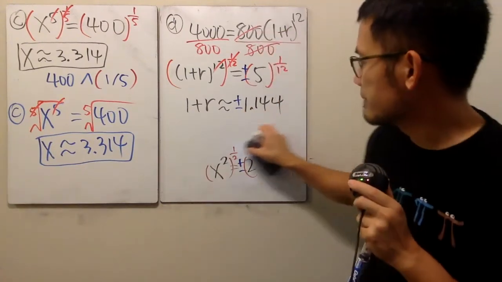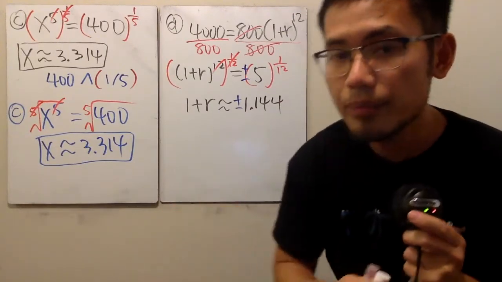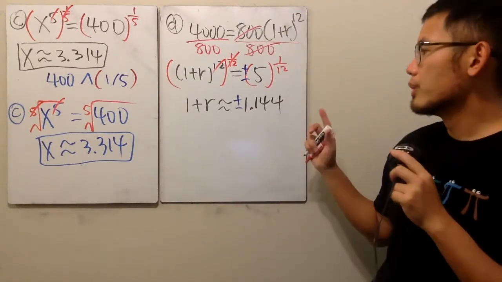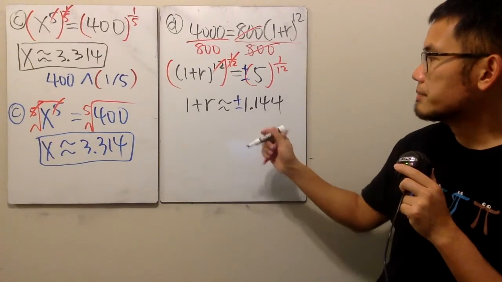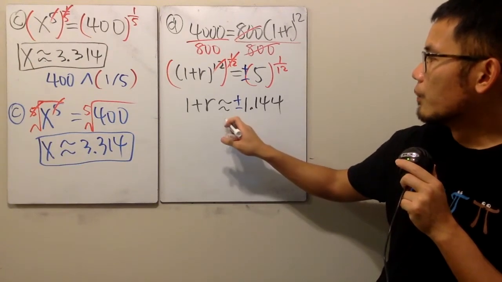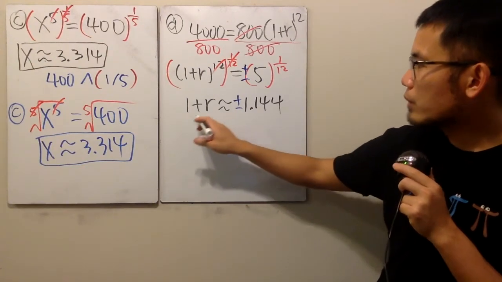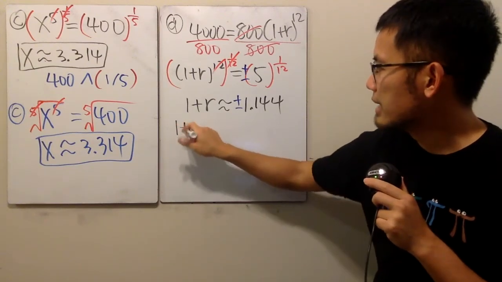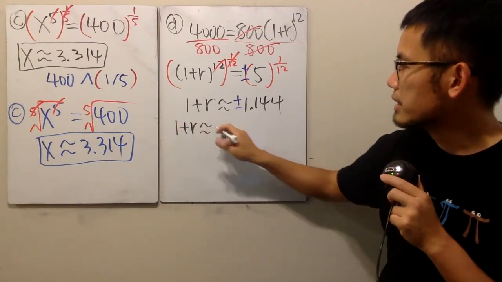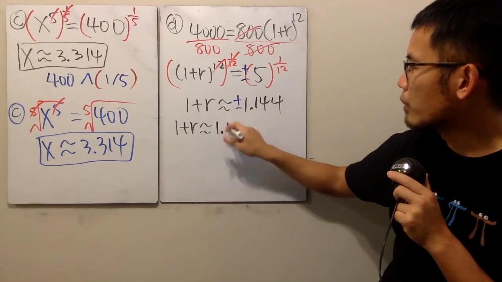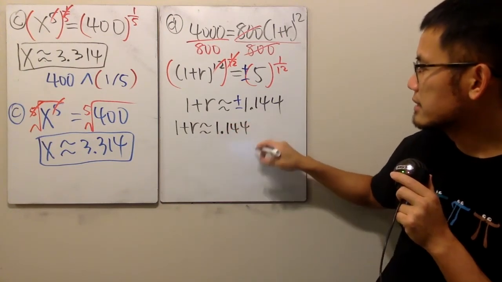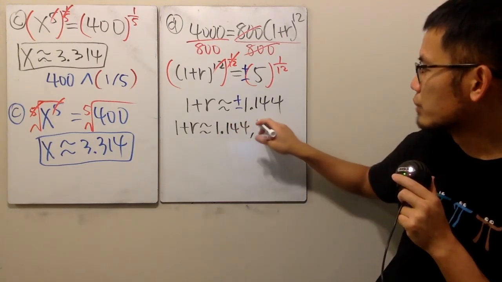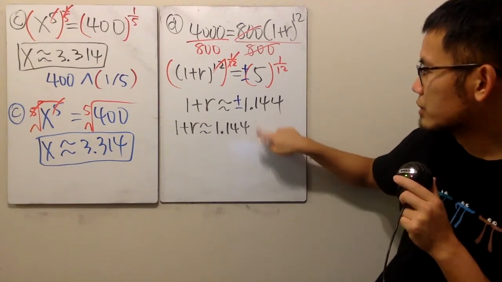So be sure you put on the plus minus for that. So here, we actually have to solve 2 parts. The first part is this. I will just write it as 1 plus r is approximately equal to positive 1.144. Next, we will have to do the negative version. Let me actually solve this first.